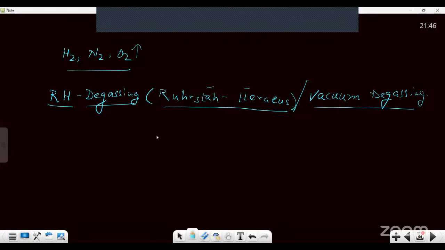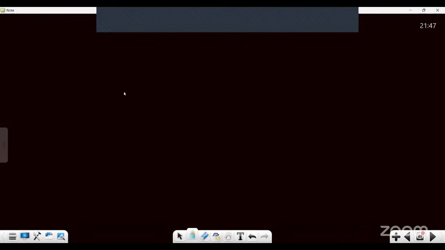Now, what happens in the vacuum degassing? Vacuum is basically used in order to remove the gaseous impurities like hydrogen, nitrogen, oxygen. If their concentration is high, by employing vacuum, we will remove them. Actually, this kind of system is there.